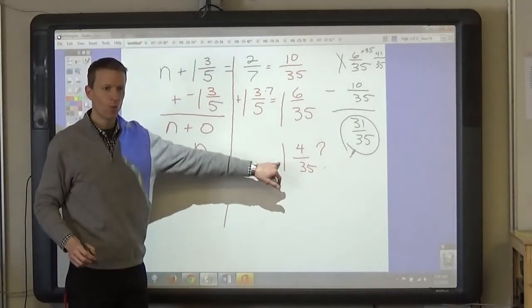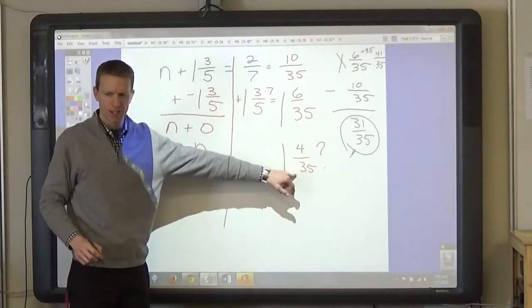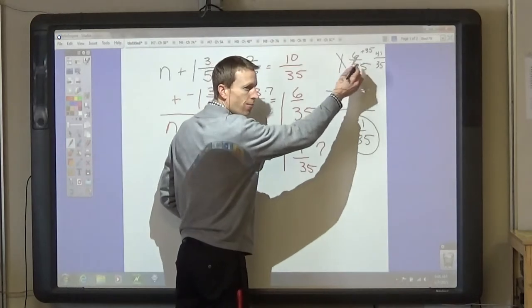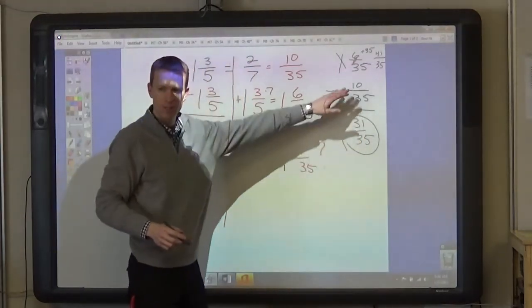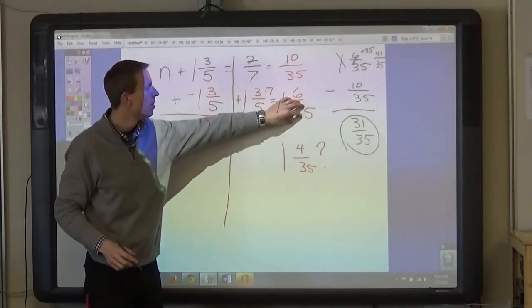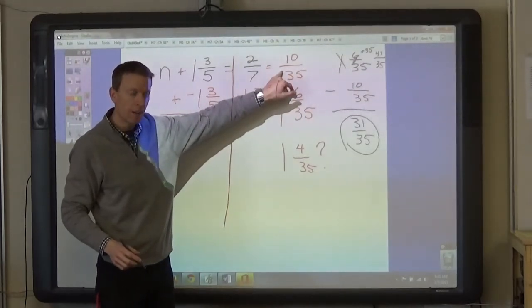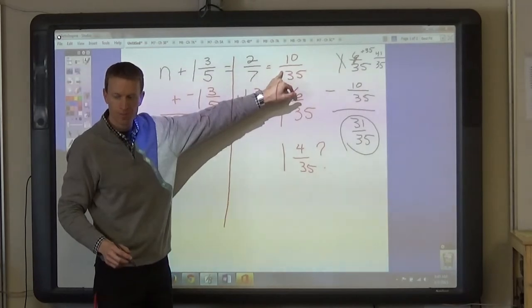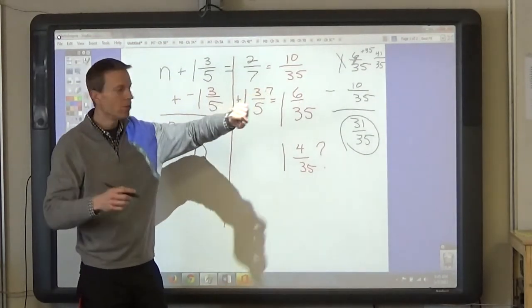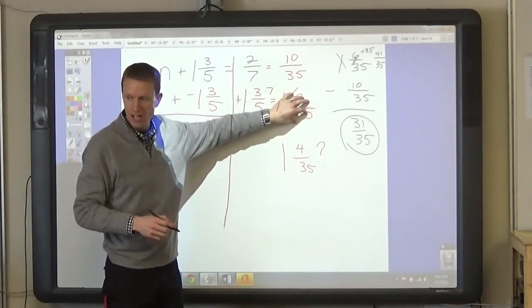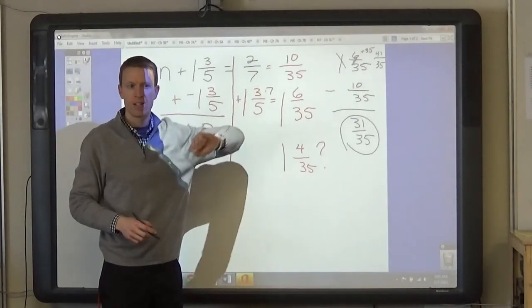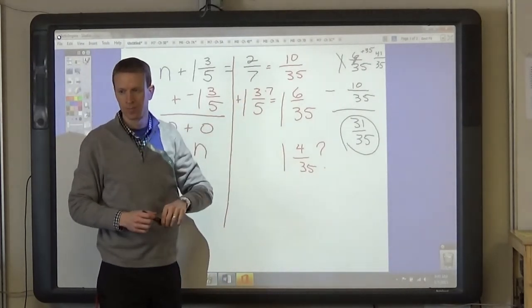Okay, not 1 and 4/35, because the smaller fraction is above. We have to use the bigger absolute value minus the smaller absolute value. Repeat that. You have to use the bigger absolute value minus the smaller absolute value to find the answer with fractions.